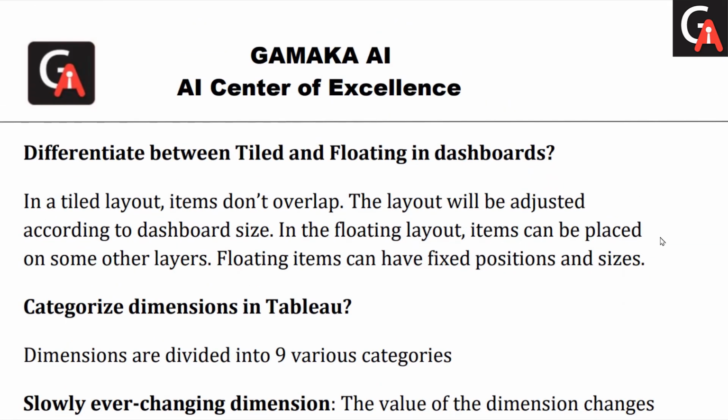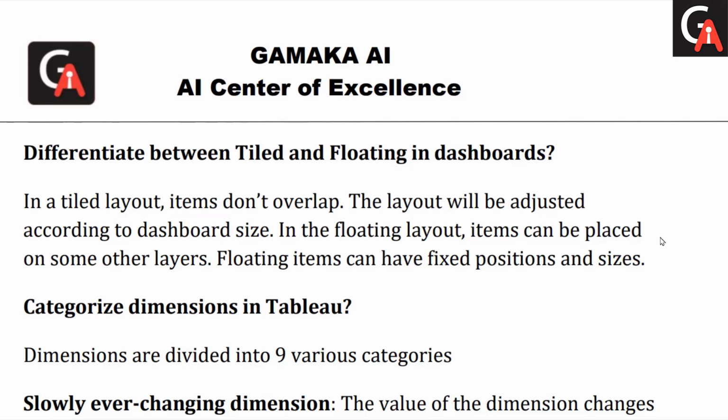Next question we have: differentiate between tiled and floating in dashboards. Okay, in a tiled layout, items don't overlap. The layout will adjust according to the dashboard size. In a floating layout, items can be placed on top of other layers.